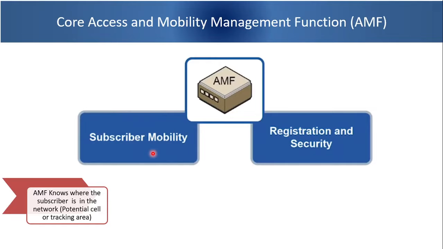I'll give you one example. Suppose a device is a sensor that has been installed in a bus whose route is fixed. It starts from point X in a city, goes to point Y, and comes back. The entire area may consist of more than one tracking area, but it will be a single registration area for that device.